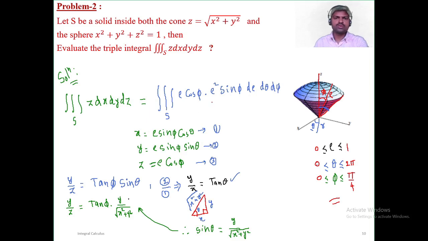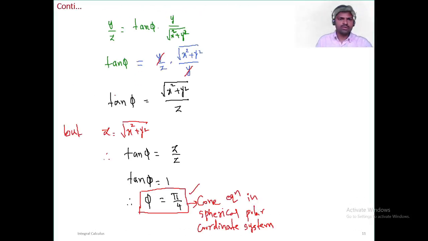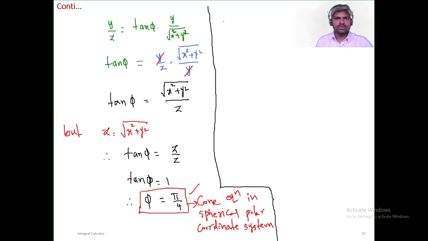So rho cos phi, rho square sin phi. So overall, what will we get? So triple integration, right? Rho cube sin phi cos phi, d rho d phi d theta.